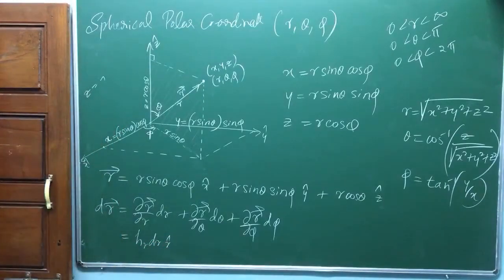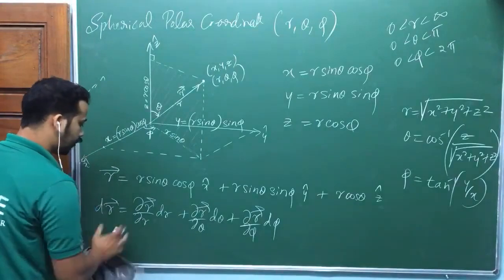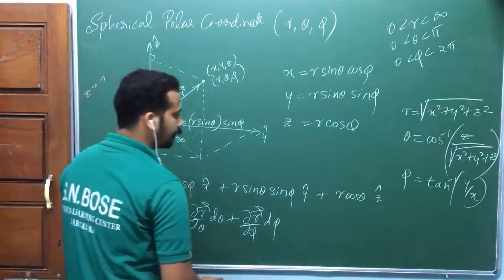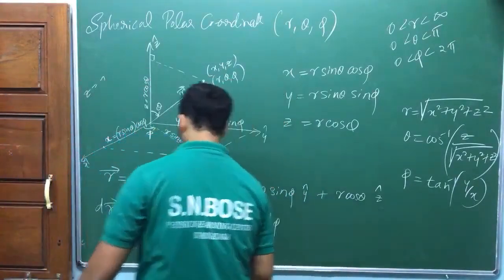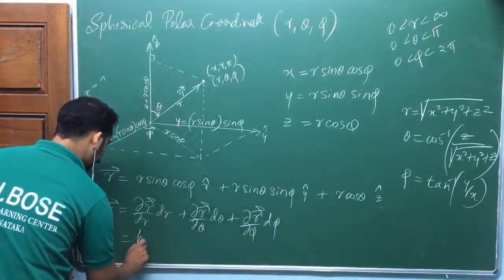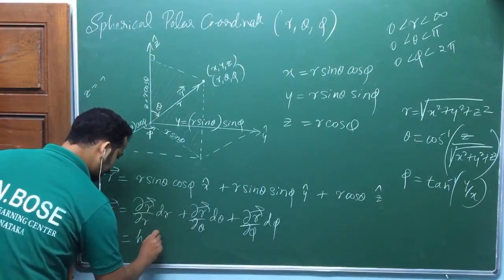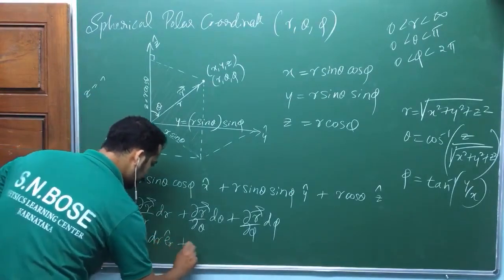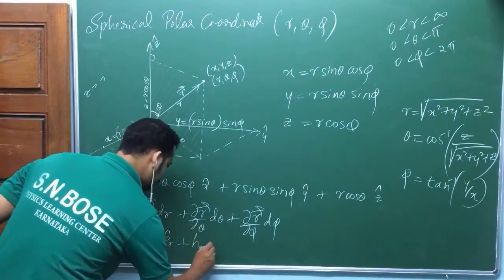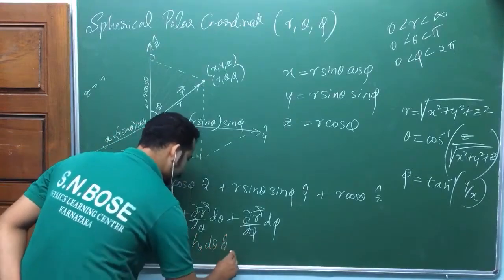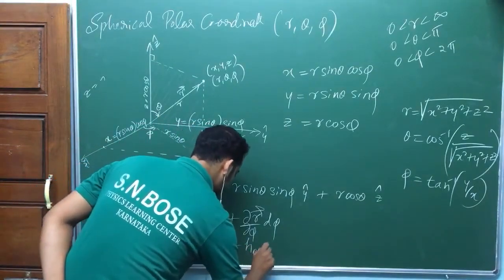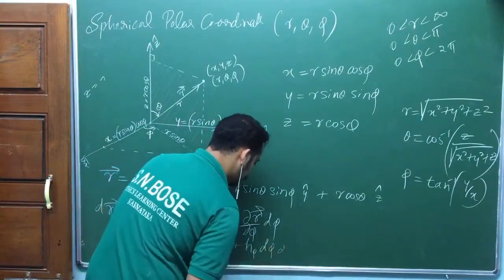That's how we have written dou r by dou r. Now we define like this. Dou r by dou r is equal to hr into er cap. Dr into er cap plus h theta d theta into theta cap plus h phi d phi into phi cap.